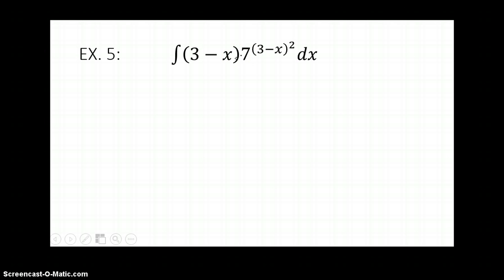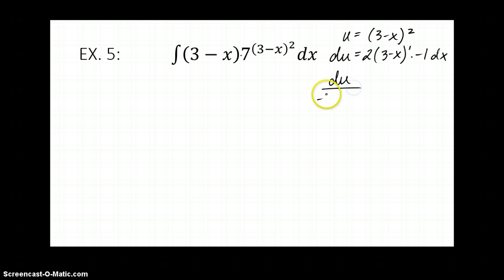Okay, a lot going on here, but don't lose the 7. 7 raised to the 3 minus x quantity squared power. So let's start with the exponent always, the entire exponent. Using the chain rule, du would be 2 times 3 minus x to the first power times negative 1. That would be the derivative of the inside.